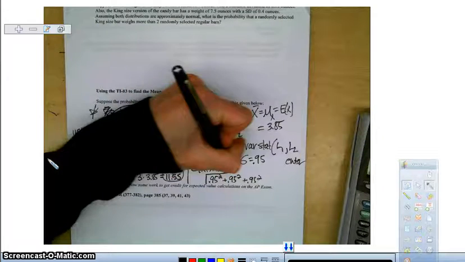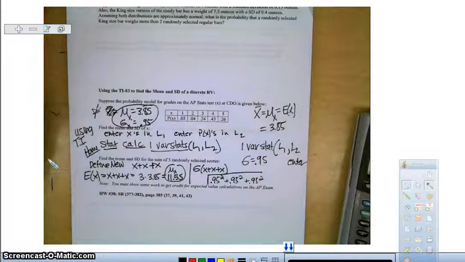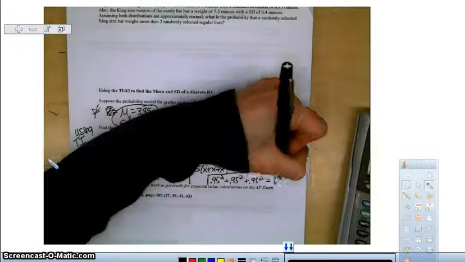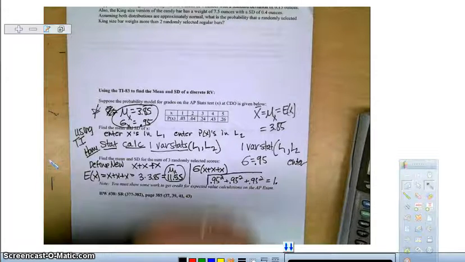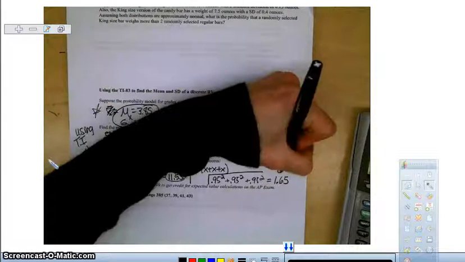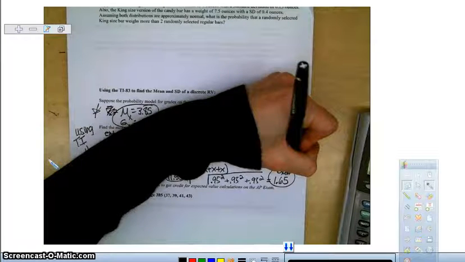Square root it. Or 0.95 squared times 3 and then square root it. Same thing. Which is what? 1 point, I don't know. Yeah, that's what I got. 1.65? Okay.